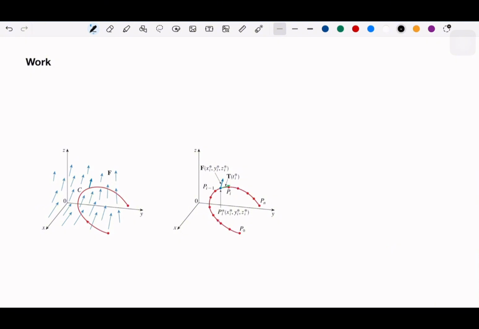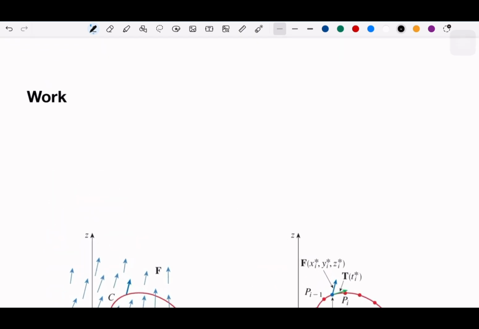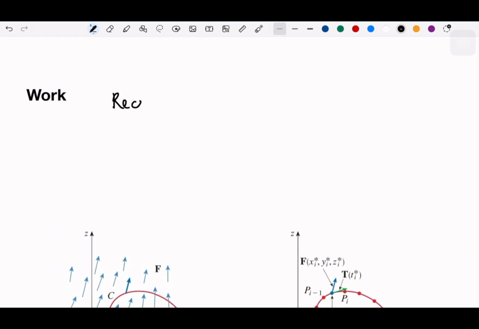Okay. So recall, let me write first. Recall that work is basically an integration of our functions.